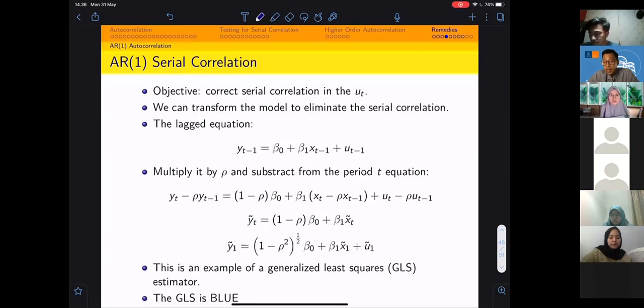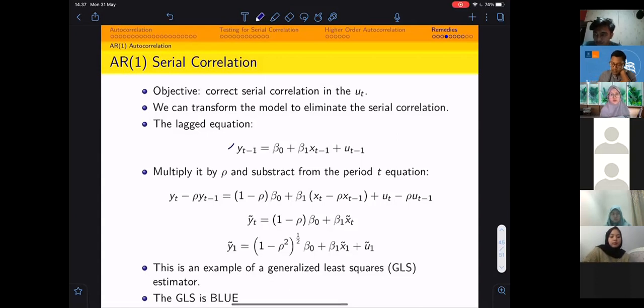So one way we can do this is first to take the lag equation. We have a basic model of y_t equals beta0 plus beta1 x_t plus u_t, and then we take the lag equation and multiply it by rho.